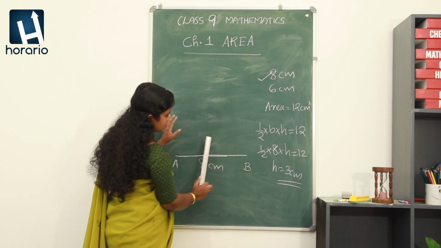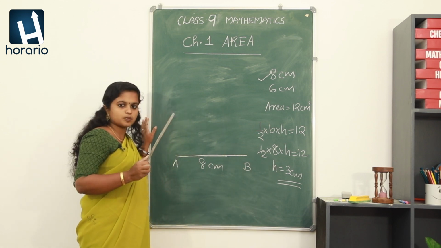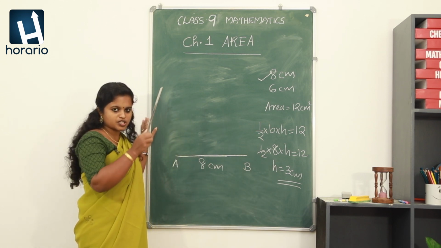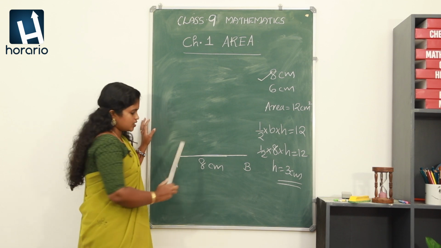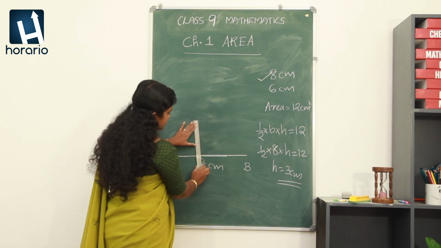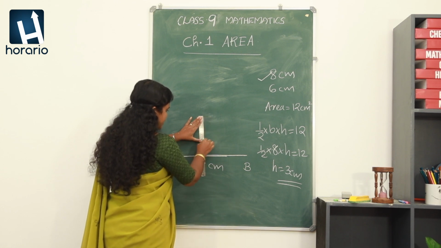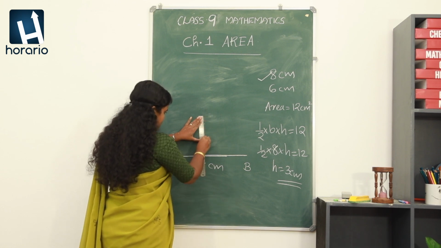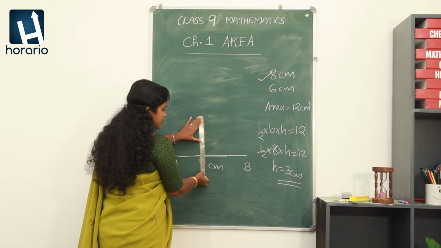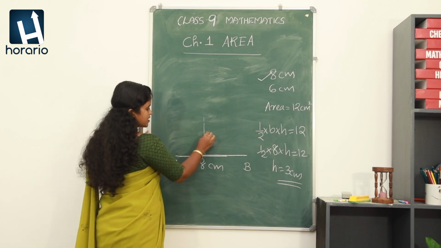So let me mark a 3 centimeter. Remember, the height should be perpendicular. Altitude means it should be perpendicular, right? So we will be taking a perpendicular line. Anywhere we can draw a perpendicular line, and on that line we will be measuring 3 centimeter.